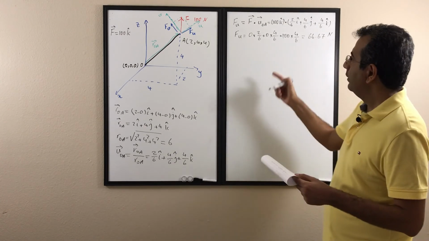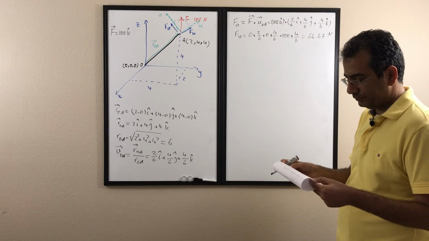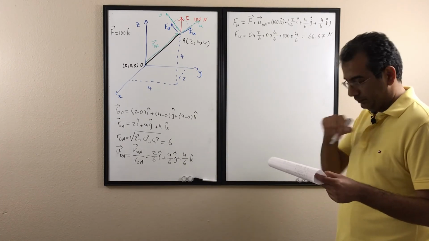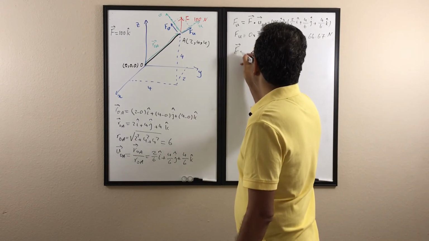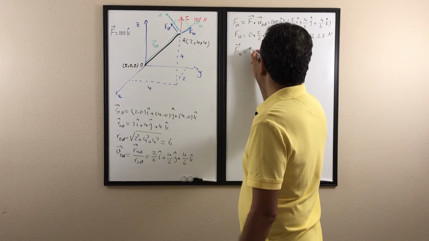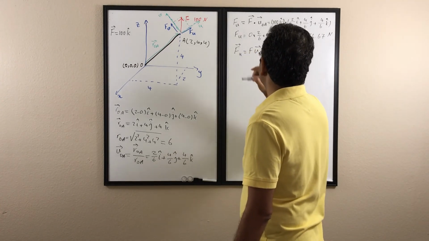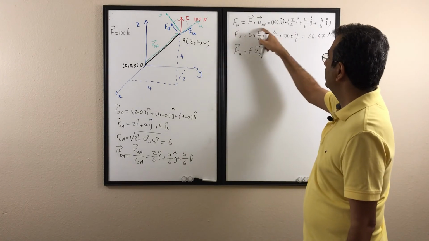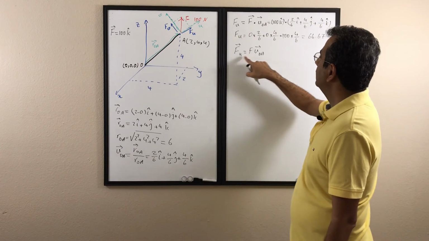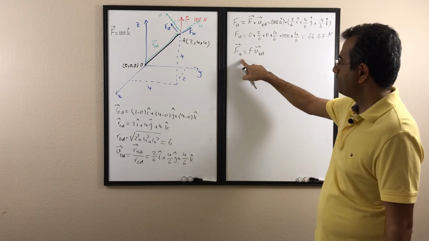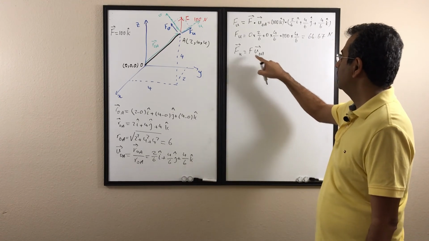Now we want to find the vector of F_U. The vector of F_U is its magnitude times the unit vector. Here the magnitude is the dot product of F and the unit vector, but the vector is its magnitude times the unit vector.